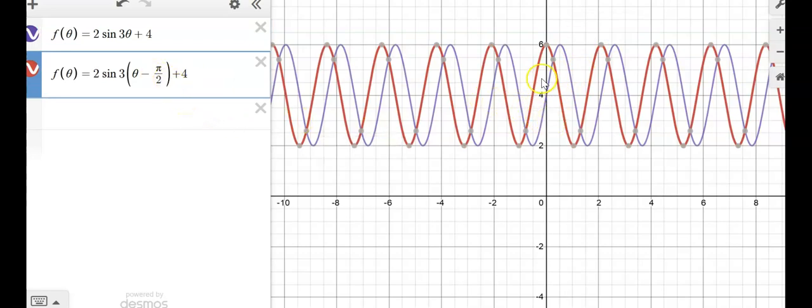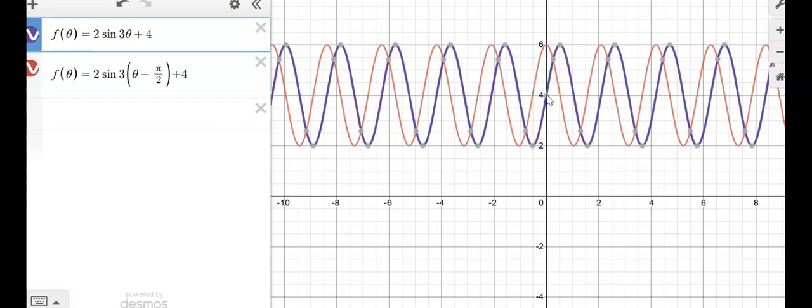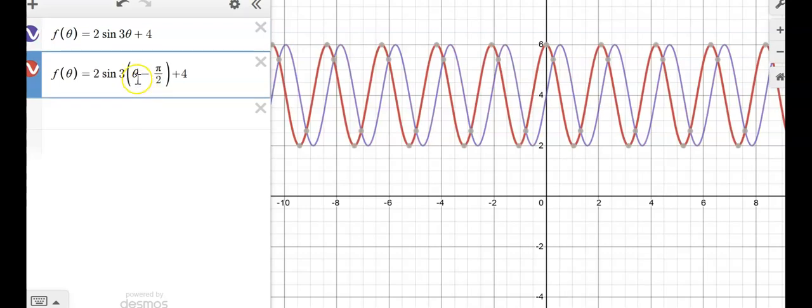For the blue one, the original one, what is sine 0? If you put theta 0, 3 times 0 will be 0. So sine 0 is 0. So here it is, as you can see. Now what value of theta will make this whole thing 0 in the other function?